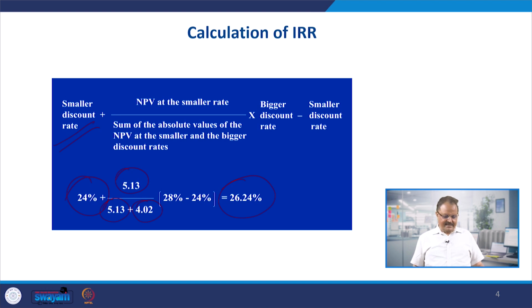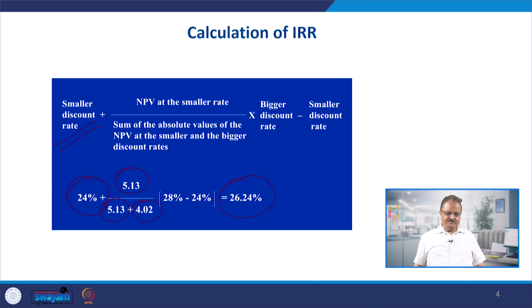This way we can calculate the exact IRR available from an investment proposal or any project. If the NPV is positive, you have to increase the discount rate; if the NPV is negative, you have to decrease the discount rate, because finally we have to find the discount rate, called the internal rate of return, where NPV becomes 0.